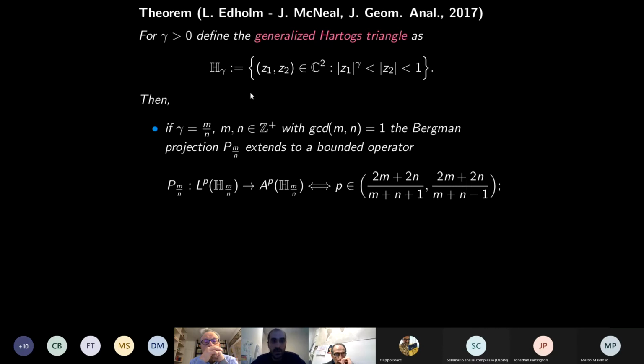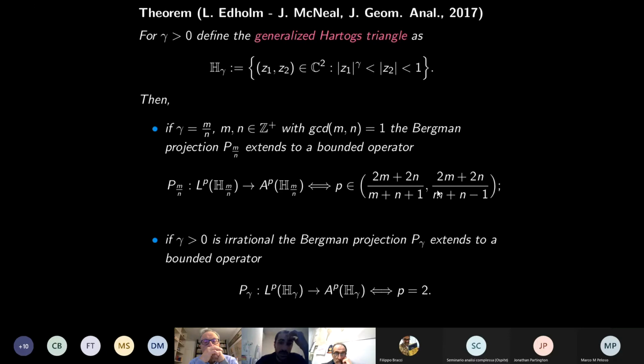What did they prove? They proved that if gamma is a rational number, m over n, where m and n do not share a divisor, then the Bergman projection extends to a bounded operator on L^p if and only if p belongs to this bounded interval here, which explicitly depends on m and n, on gamma.